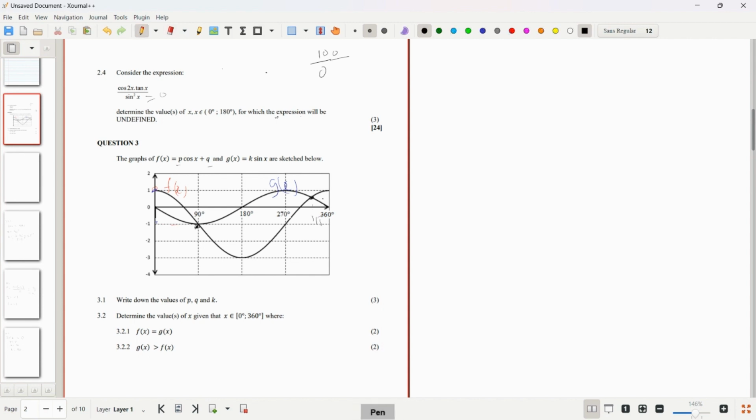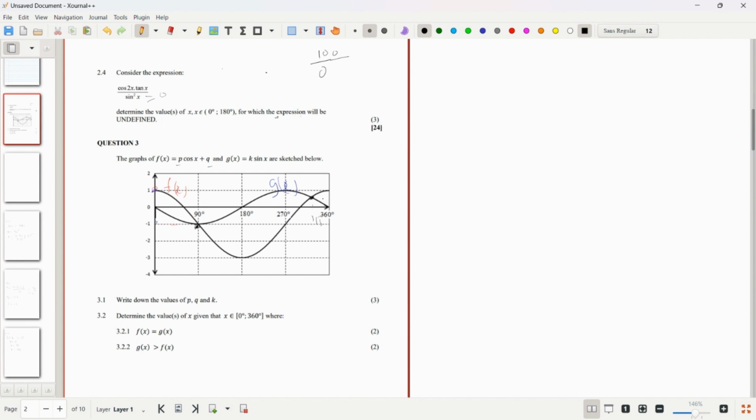No, it won't be included, because if it's included here, we can see that g of x equals f of x. Here also, g of x equals f of x. So it won't be included. We want where g of x is greater than f of x, right?